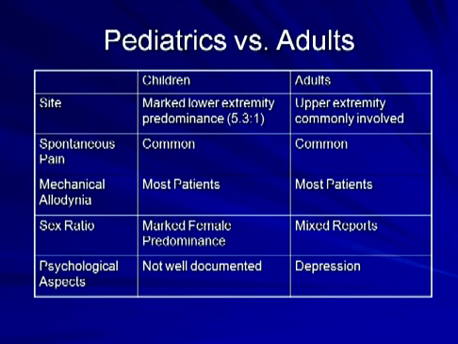Psychological aspects are not well documented in children, but depression and marked psychological changes occur in adults with CRPS. And it used to be thought that the psychological changes were creating the symptomatology.